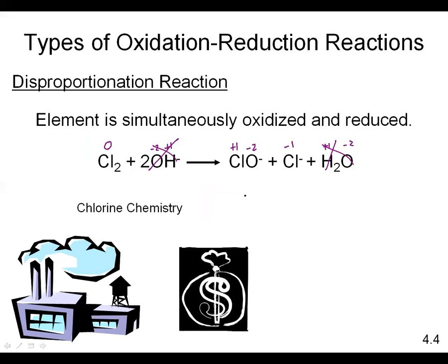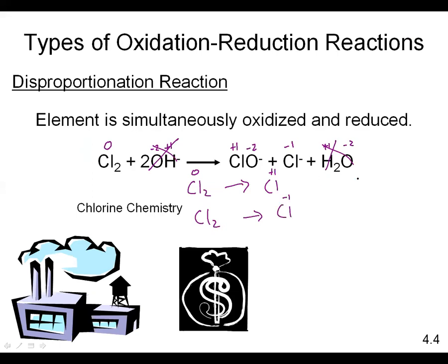But when we look at the chlorine, in one case, this chlorine is going from 0 to +1 on the other side in terms of its oxidation state, while our same chlorine is going from chlorine to a chlorine with a -1 in terms of its oxidation state.